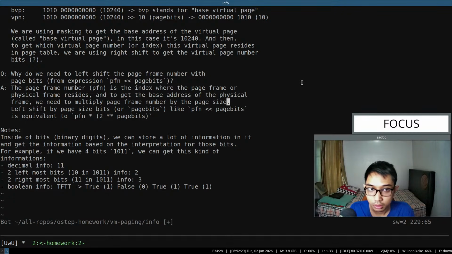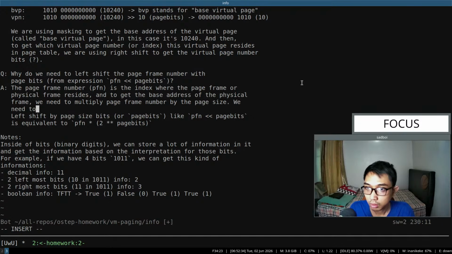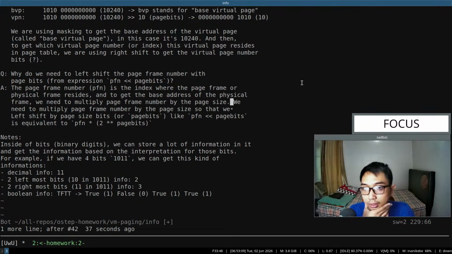Or maybe to multiply, so that we know how to explain this.